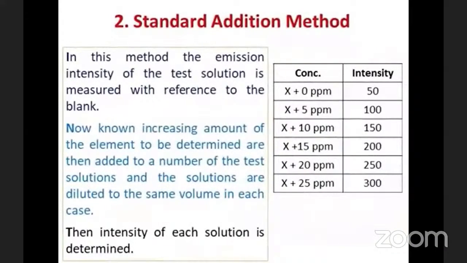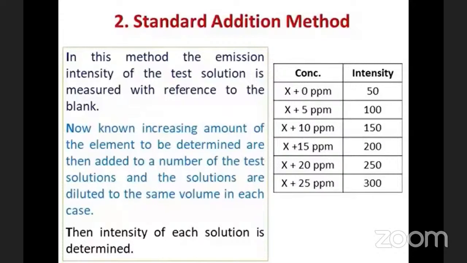The second method is the standard addition method. In this method, the emission intensity of the test solution is measured with reference to the blank. The sample solution of unknown concentration X is aspirated into the flame and its emission intensity is determined with reference to the blank.